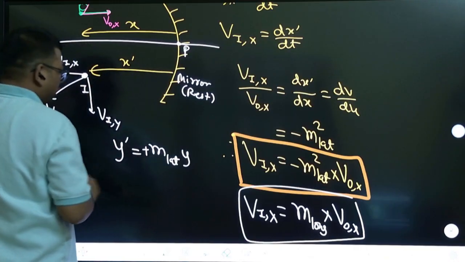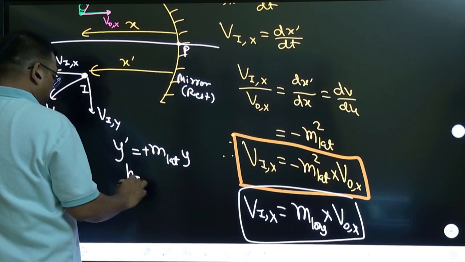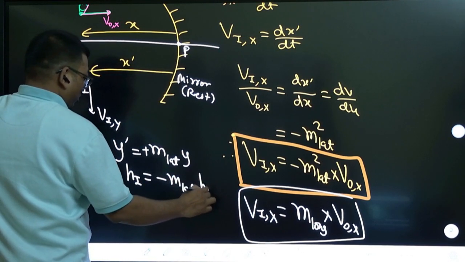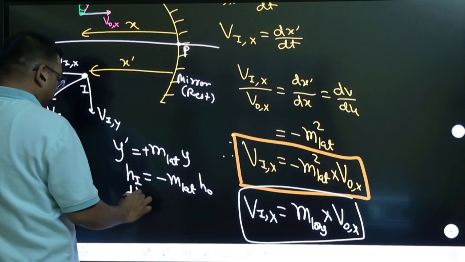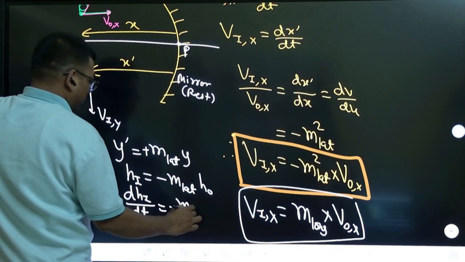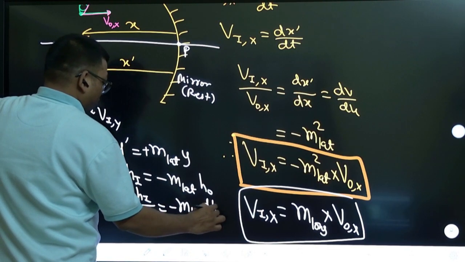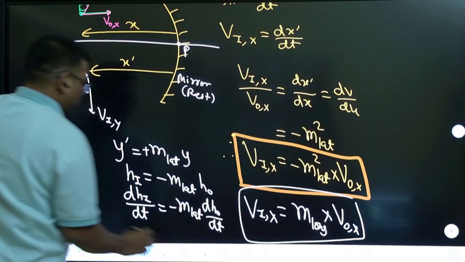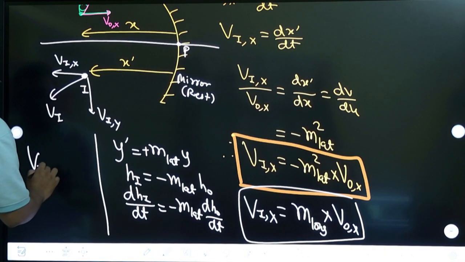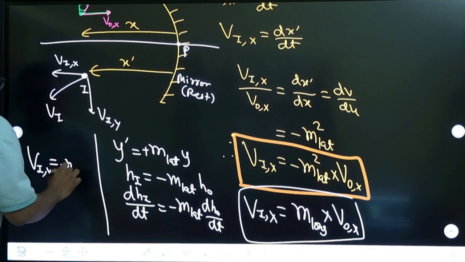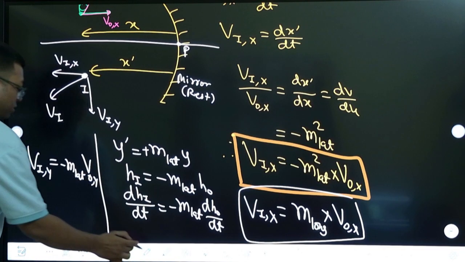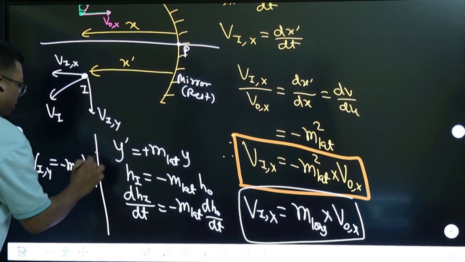In terms of height, the height of image is minus m lateral into height of object. So dh by dt becomes minus m lateral into the time derivative of the height of object. This is the velocity of image along y-axis: minus m lateral into the velocity of object along y-axis. So this equation gives us this result.